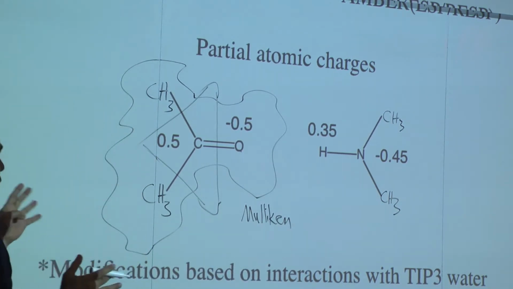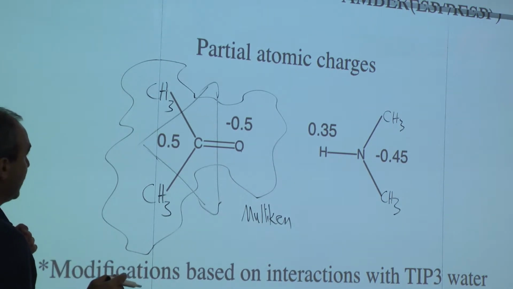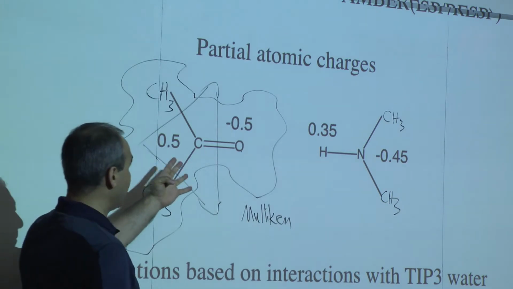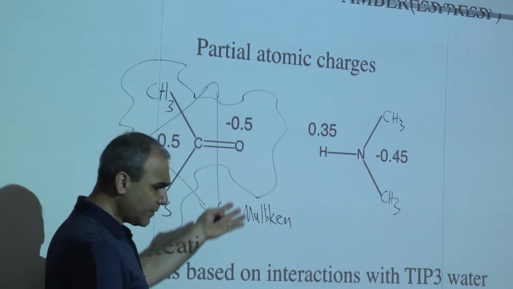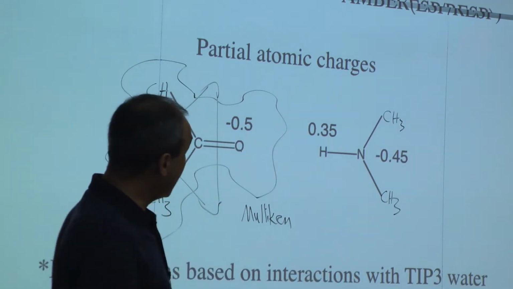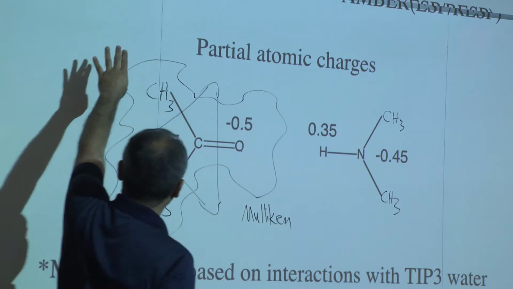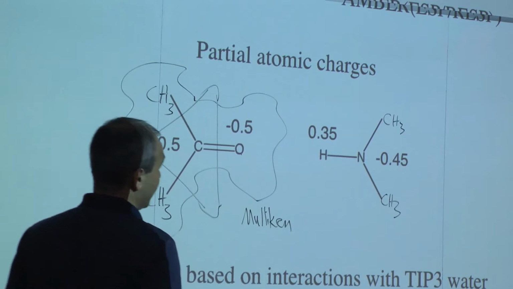So what is the point of having these partial atomic charges? The point is, I want to describe the interaction of this fragment, this chemical group, with the environment. Now there are two philosophies in the field. One I would call CHARMM, CHARMM Mulliken, and the other one is Amber ESP.